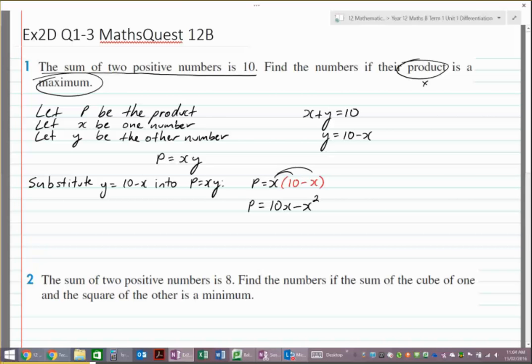And now I can maximize the product by finding the stationary or turning points, which will occur at P dash of X equals 0 or dP dx equals 0, depending on your notation.